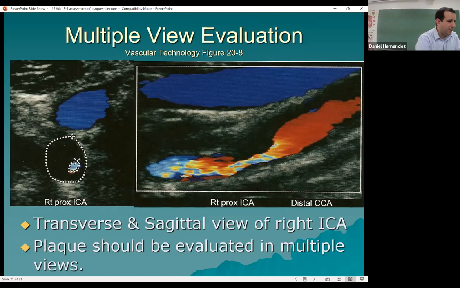And that's part of the reason why we always do a transverse assessment first. The transverse assessment gives us a good view of our carotid arteries in terms of plaque, so we know what we're up against before we start doing our sagittal assessment and our Doppler measurements.